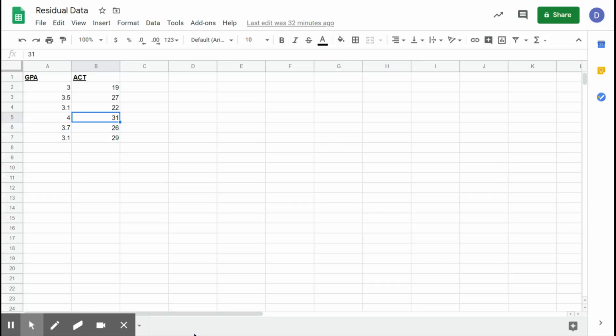And now instead of y, in this case being the ACT test, y is just going to be the residuals. And again, we can do this on the calculator. This thing's amazing, yo. And all I'm going to do is now, instead of my y list being L2, I'm going to hit second stat and make my y list the residuals.